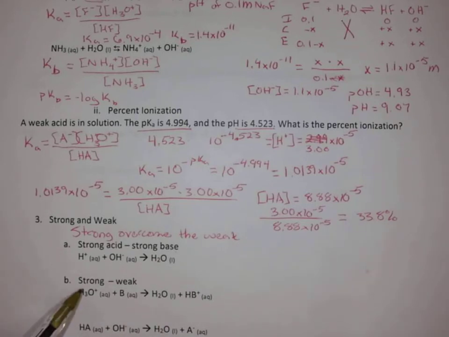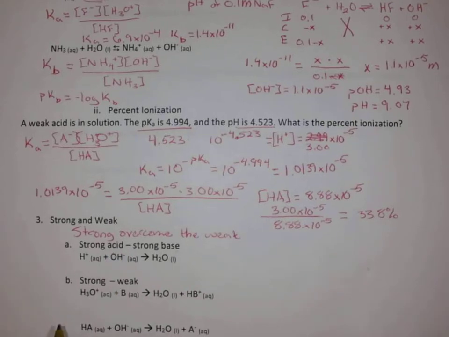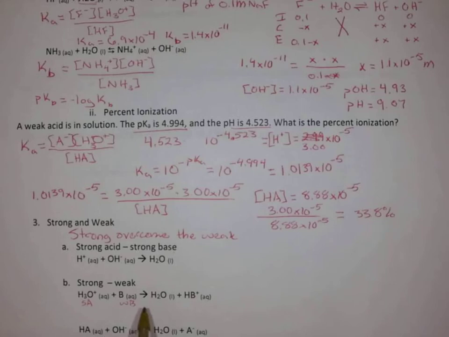If we have a strong and a weak, again, the strong overcomes the weak, okay? So this would be strong acid, weak base. Strong is going to overcome the weak. We are mostly going to be over on this side here, okay? But if we have an excess of strong acid, then we're going to get pushed over that way.